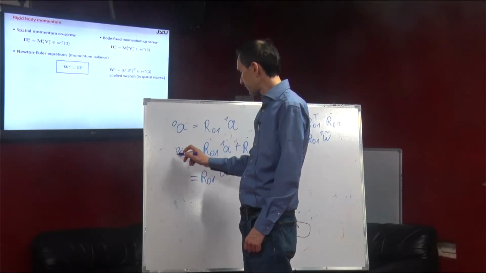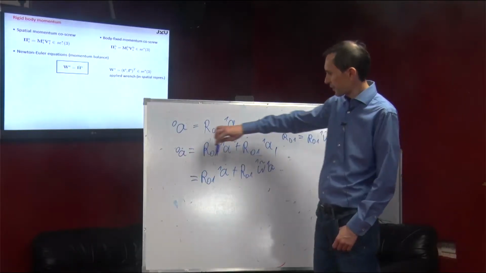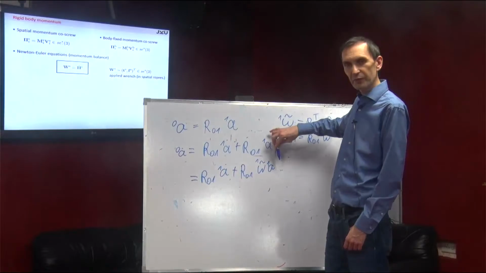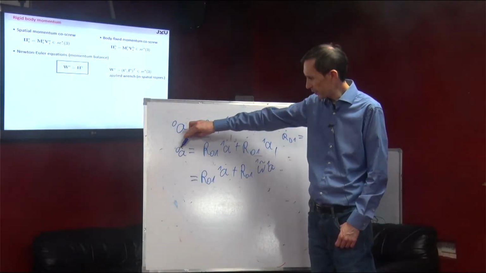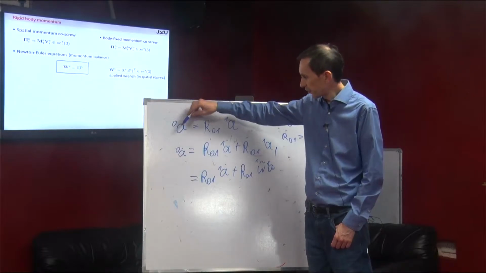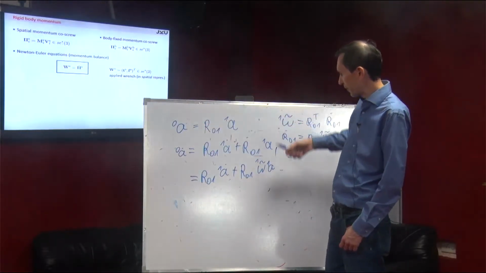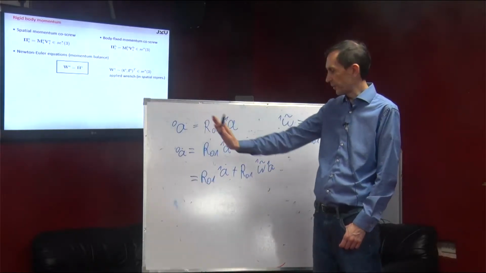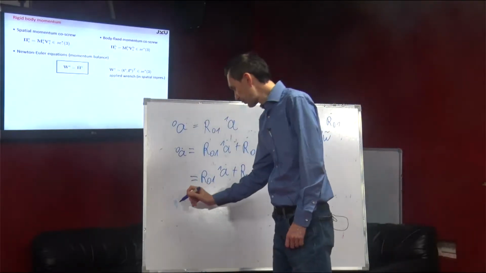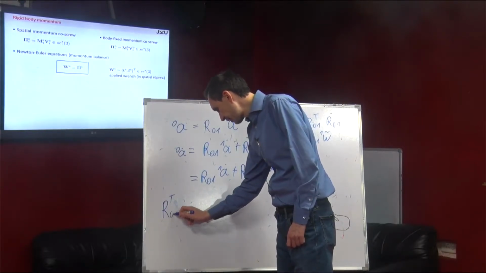Now I can actually transform this whole equation, because what you get is an equation expressed in the space fixed frame. We took the time derivative of A in the space fixed frame, so everything is in the space fixed frame, which you see because of the zeros here. Whatever comes out of here, I can transform in the body frame.